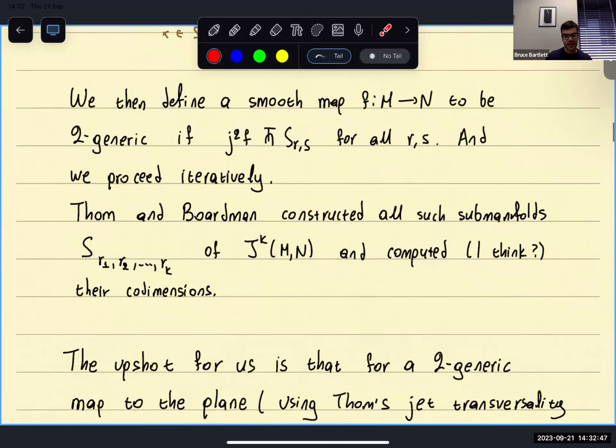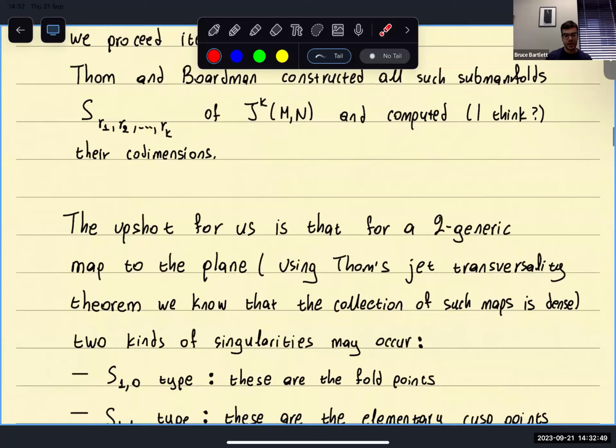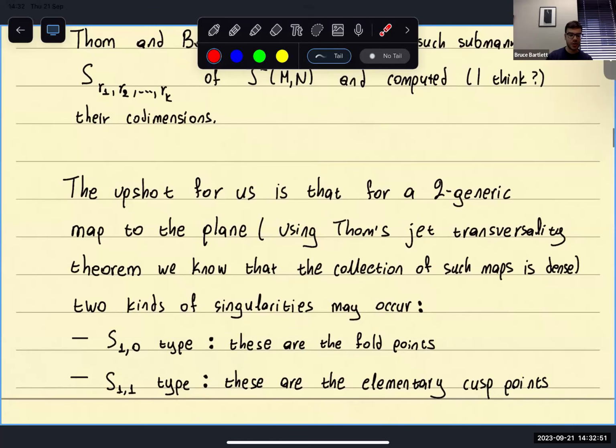But for us, the upshot is that when you have a generic map to the plane, and here we are using Thom's jet transversality theorem to know that the collection of such maps is dense, we basically have two kinds of singularities.